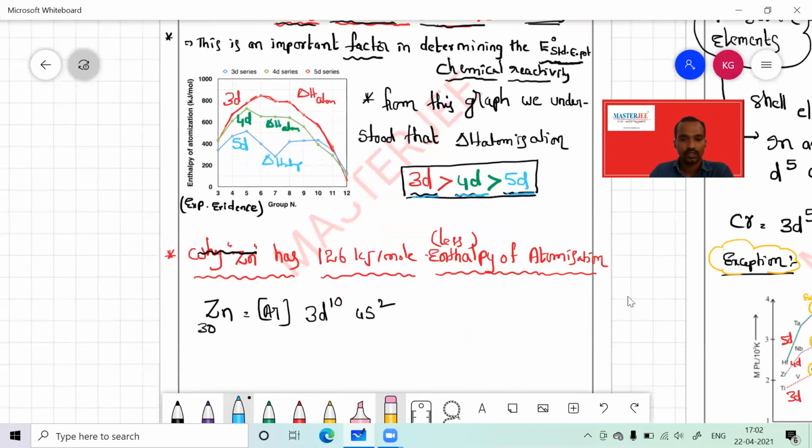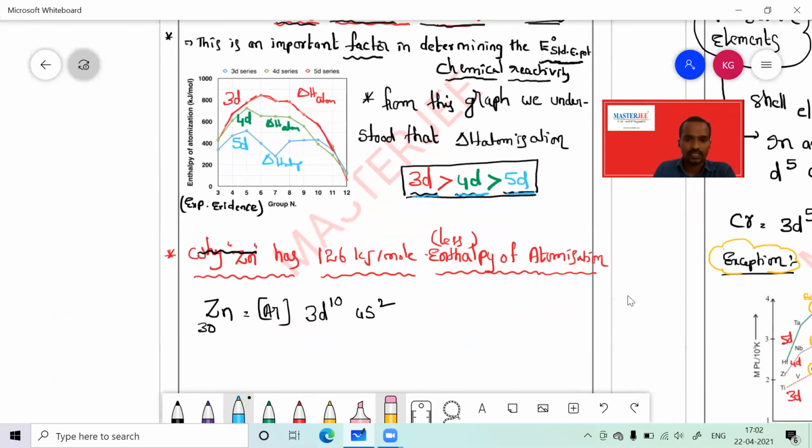Next, if you see zinc, it has less, that means 126 kilojoule per mole only, a very low enthalpy of atomization. Why does it have such low enthalpy of atomization? Zinc's atomic number is 30 and its electronic configuration is argon 3d10 4s2. 3d10 means a completely filled configuration.